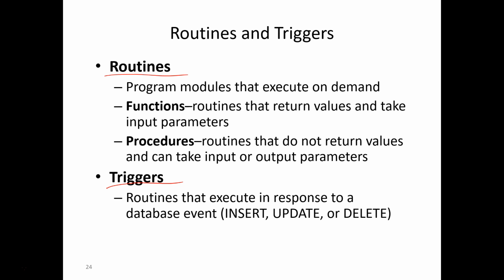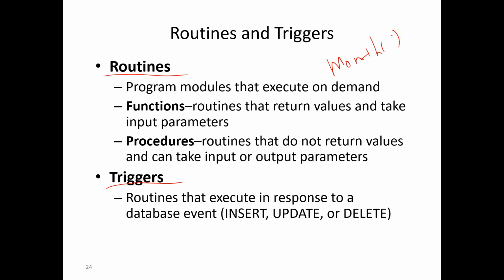Functions are routines that return values and take input parameters. For example, a function such as month can be a small program that would extract the month value out of a date when it is being called.